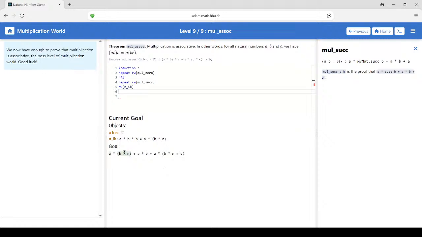But I feel like I'm so close. A times b times n, a times b times n, and then we have a plus b over here, and a plus a times b over here.